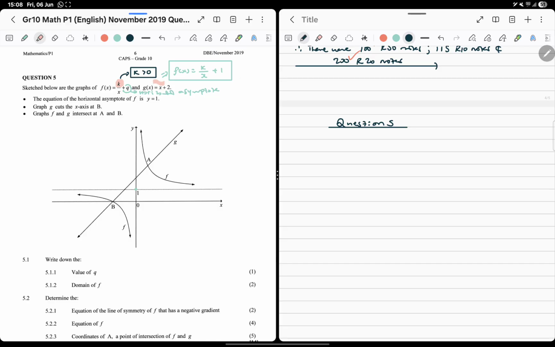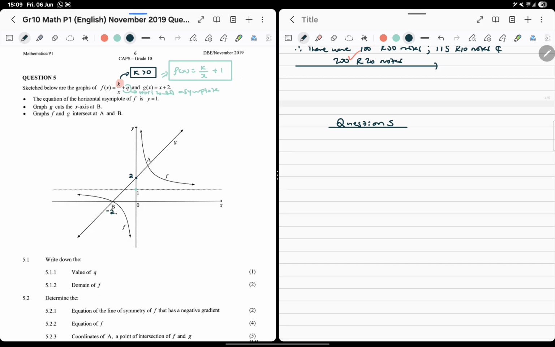And then, of course, the straight line equation, positive gradient of 1, y-intercept is at 2, so it means we've got 2 where it cuts the y-axis. But we can also work out the x-intercept by substituting g of x with 0. We solve for x, we get minus 2.